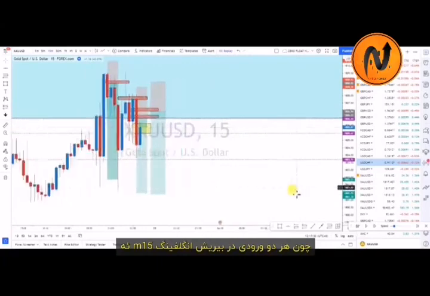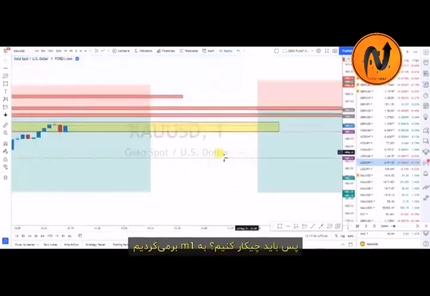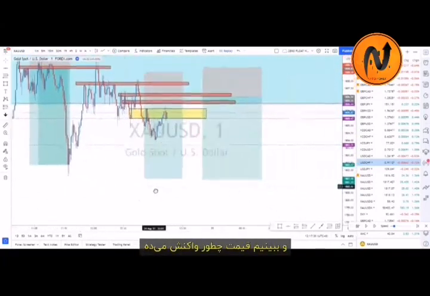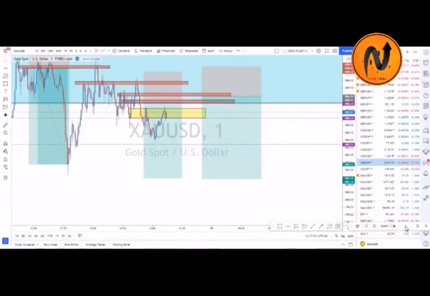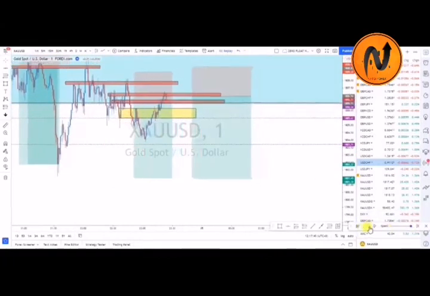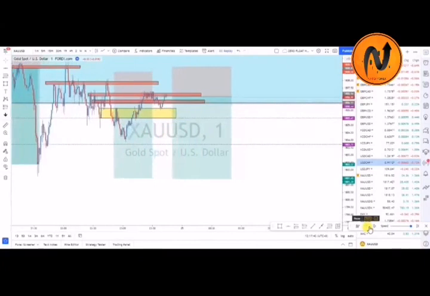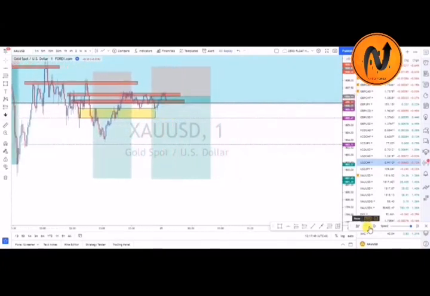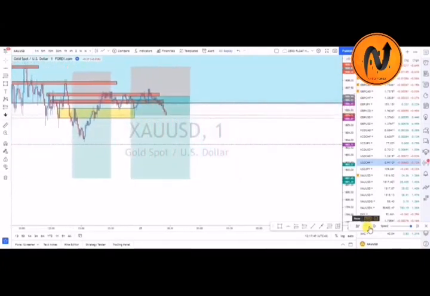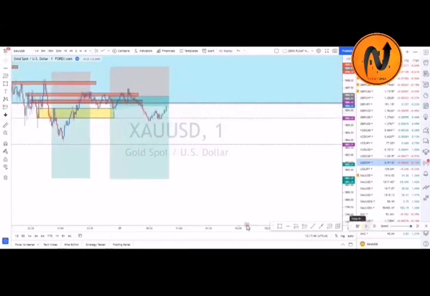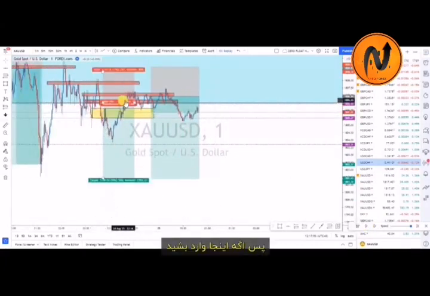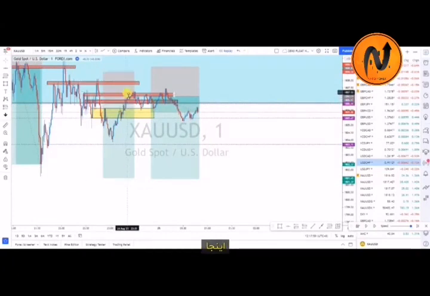Okay, so what should we do now? We go back to the M1 and let's see how the price reacts. Okay, guys. So if you enter here, price will probably float around, this is 185 here, price will float around 7-8 pips.